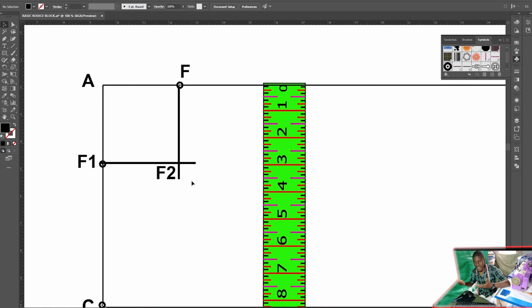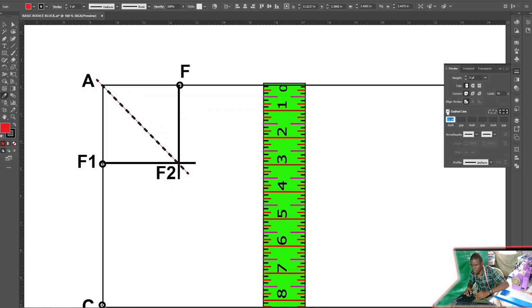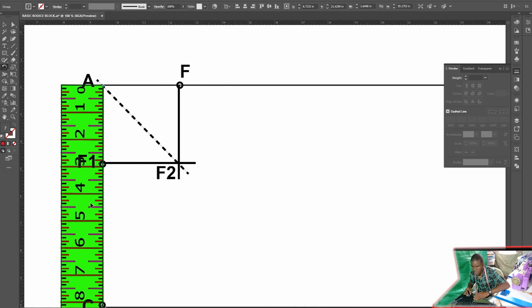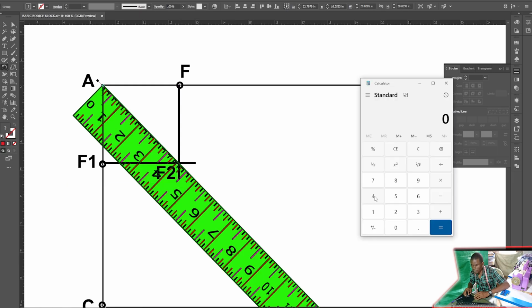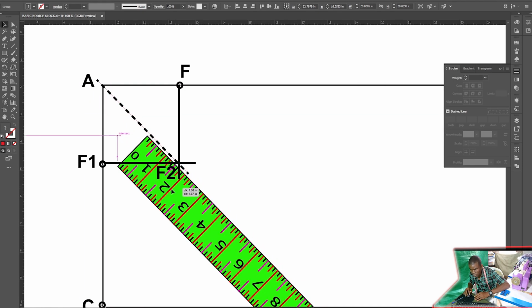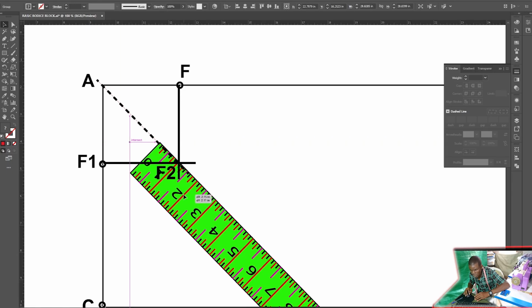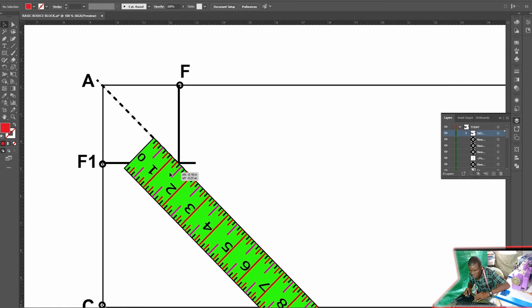Next is to create the neckline curve. Draw a diagonal broken straight line connecting point A to point F. After, measure this distance between A up to F2, then divide it by 3 to get point F3. So this distance is 4.125 divided by 3, giving me 1.3. So that means from F2, I'm going to mark inwards 1.3, which is around there.